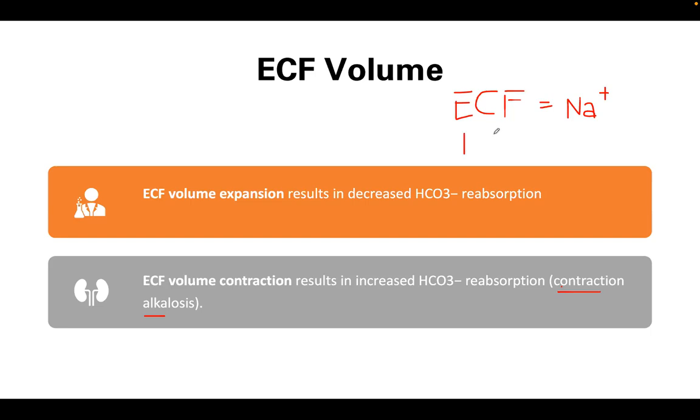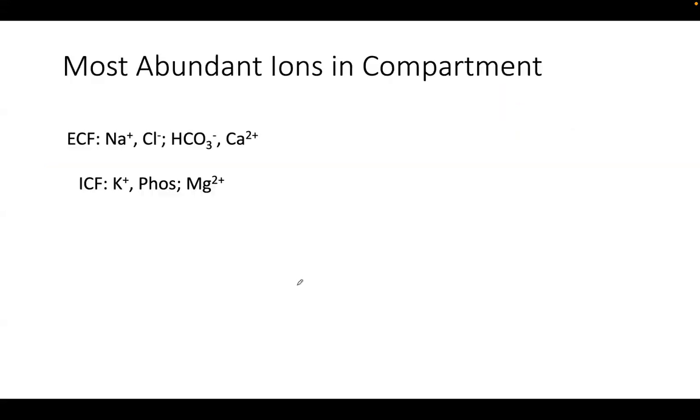Now, what about in the ICF? What is the most abundant cation in the ICF? Very good. It is potassium. Please take note of that.